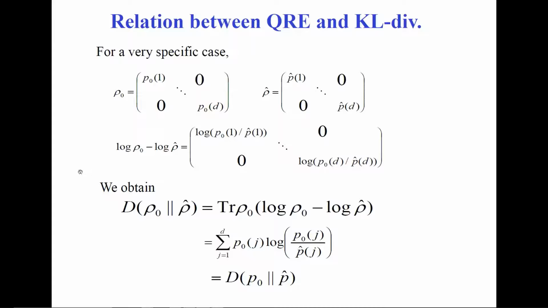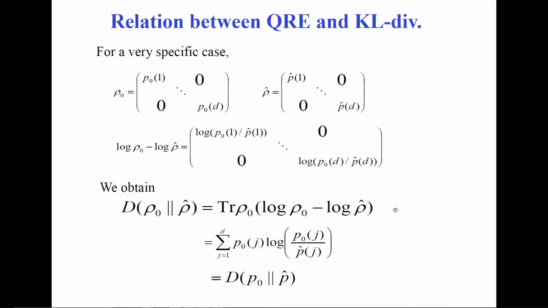In this case, we can calculate the quantum relative entropy from rho 0, the true density matrix, to the estimated density matrix.